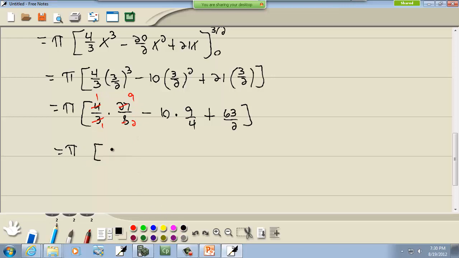So we're going to have 9/2 minus, 4 and 10 both divisible by 2. 4 divided by 2 is 2, 10 divided by 2 is 5. So that's minus 45 over 2 plus 63 over 2.